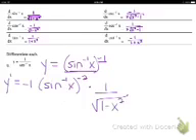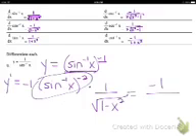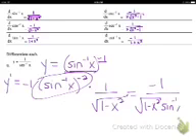And if I wanted to write this with a positive power, my final answer could be -1 over the square root of 1 minus x squared times sine inverse squared. If I make that power positive, I would bring it down.